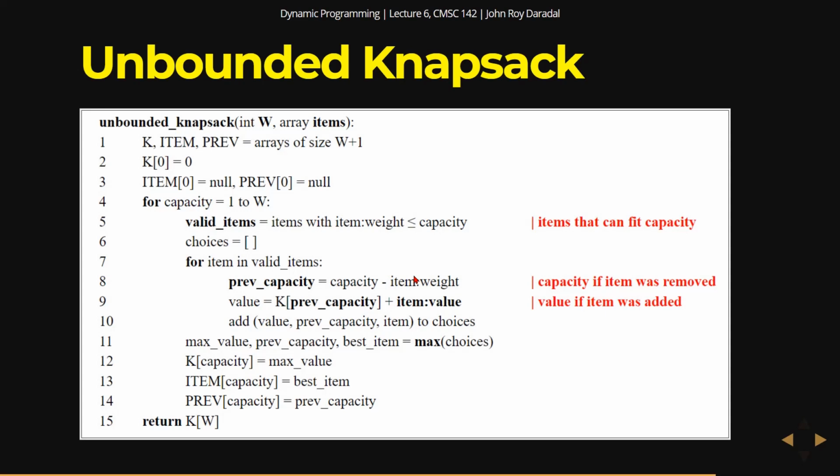Putting all of that together, this would be the pseudocode for unbounded knapsack. You initialize the 3 arrays of size W plus 1, and then you initialize the base case: K of 0, item of 0, and previous of 0, which would be 0, null, null respectively. Then we go over capacity from 1 to W, and we filter out the valid items, the items with weight less than or equal to the capacity. For each valid item, we look at the previous capacity, which is the capacity minus the item weight.